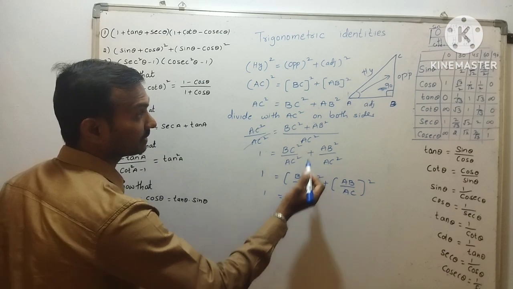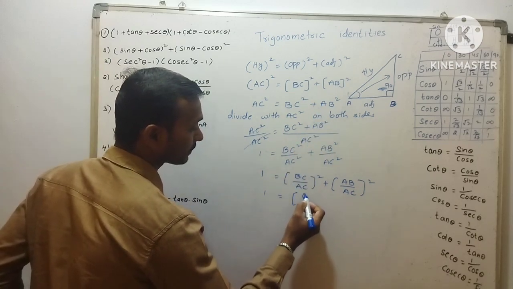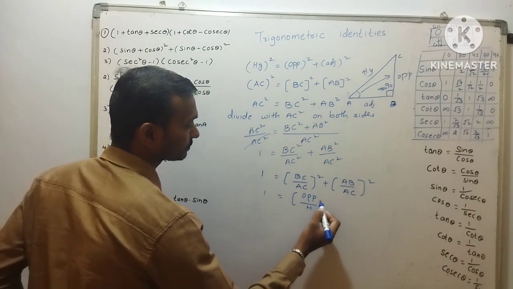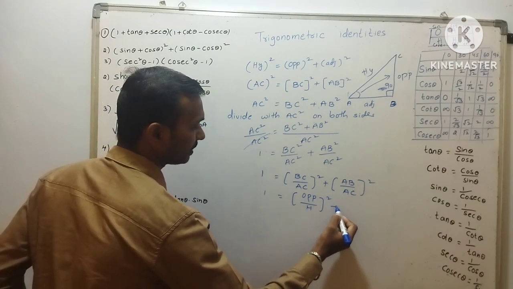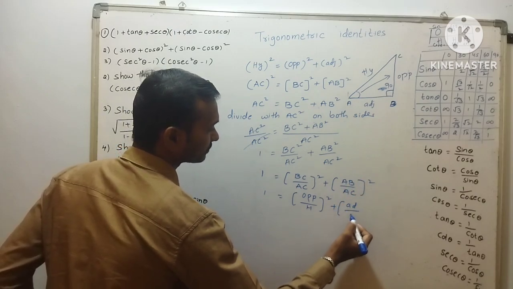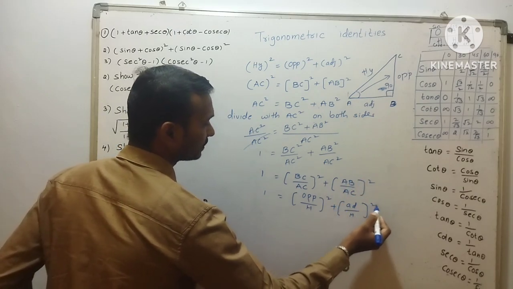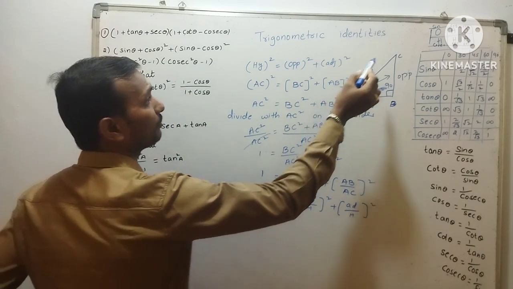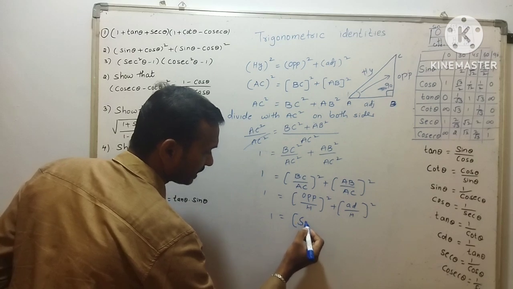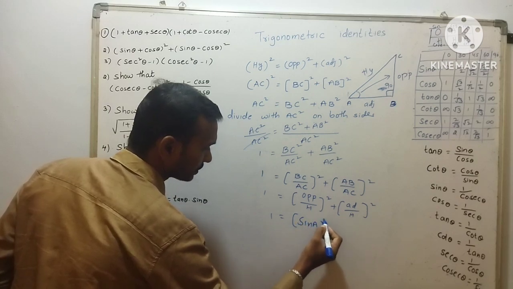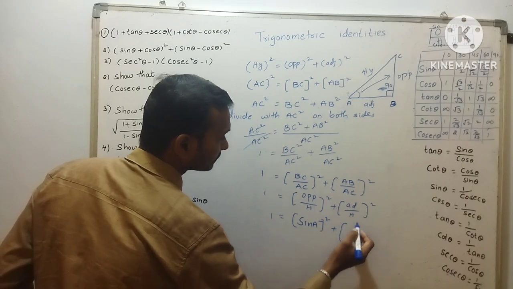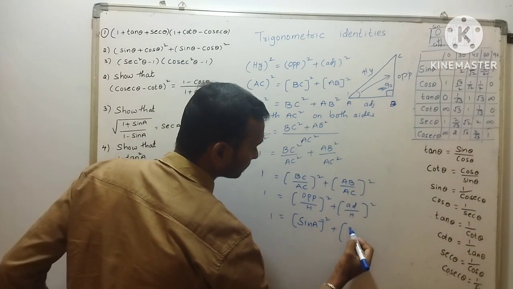What is BC in this triangle? BC is the opposite. What is AC? Hypotenuse. Opposite by hypotenuse whole square. Next, AB is the adjacent, by hypotenuse square. We know that opposite by hypotenuse is nothing but sine, so this is sine A whole square, and adjacent by hypotenuse is nothing but cos.